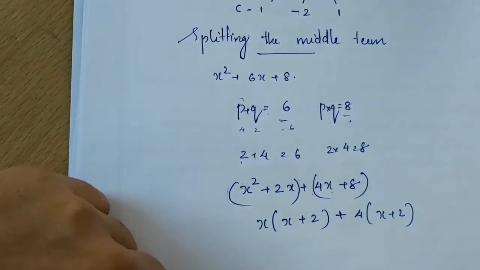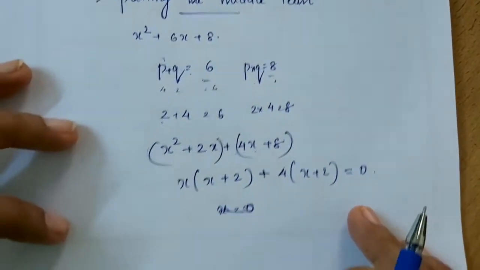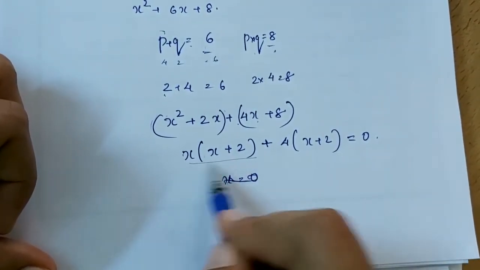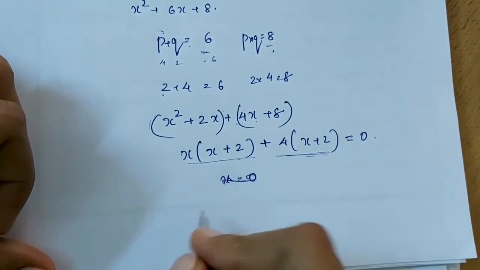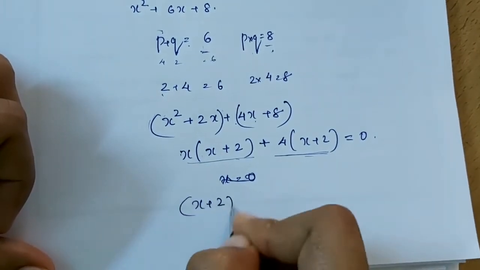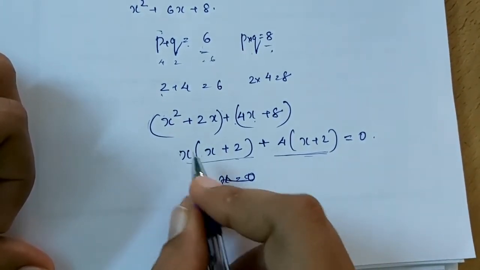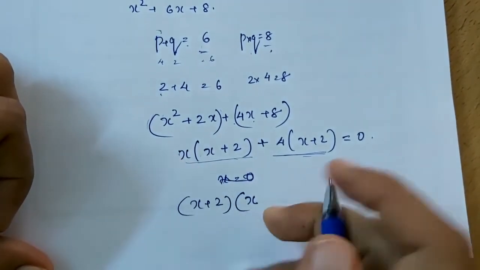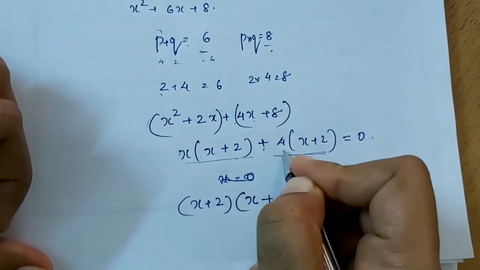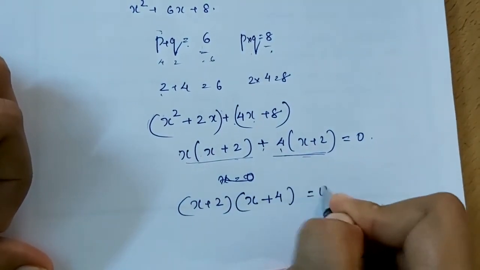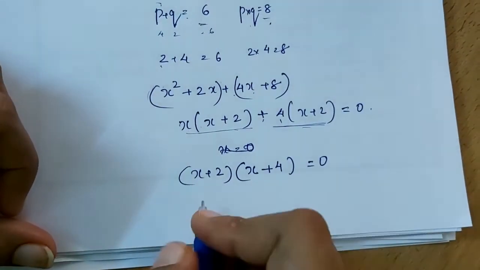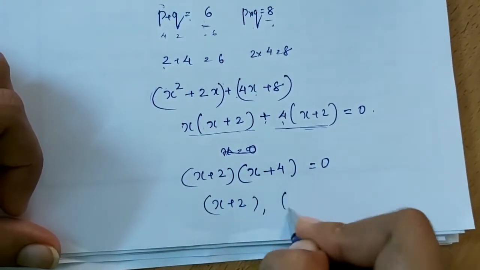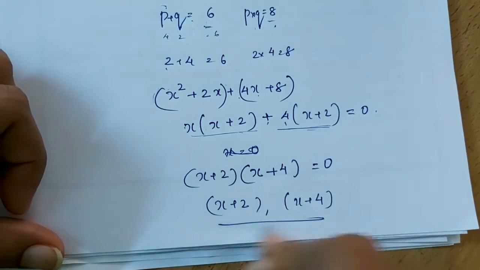Next, in both these terms x plus 2 is common, so we are taking x plus 2 as the common factor. Then the remaining values are x and plus 4. So it is x plus 2 into x plus 4. Then we can tell the factors are x plus 2 and x plus 4.